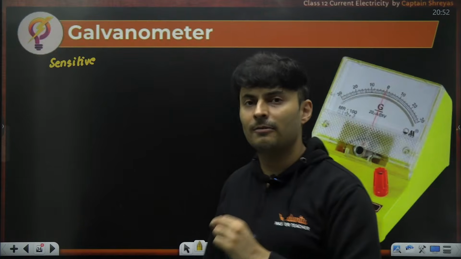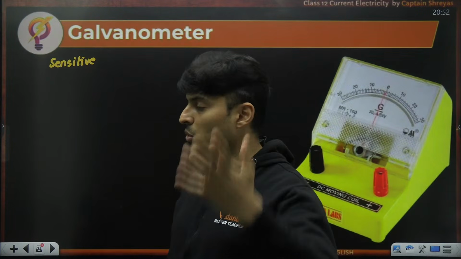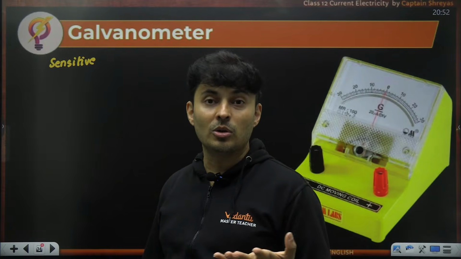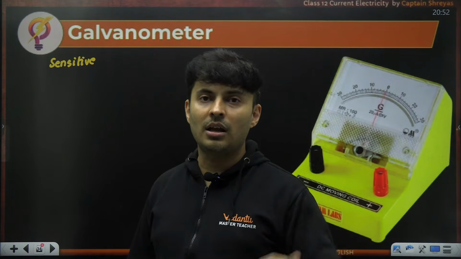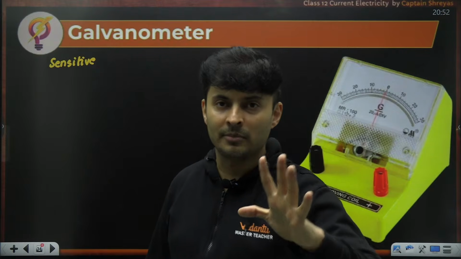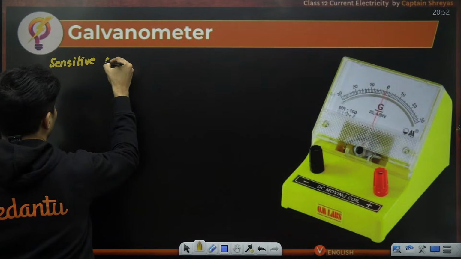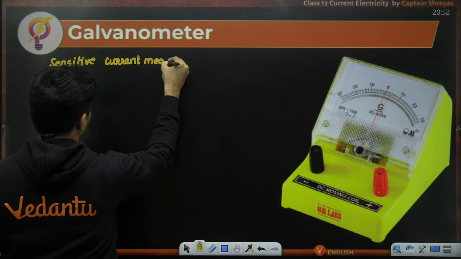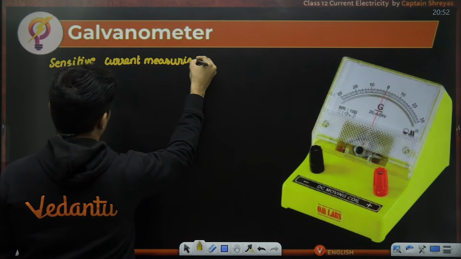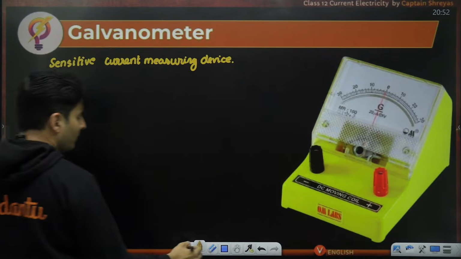So it is very, very sensitive. It can't take too much load. Some people can't take too much criticism or too many jokes. You tell one thing here and there, they will lose their mind, start crying, start hitting, throwing tantrums. They're very sensitive. So it's a sensitive current measuring device.